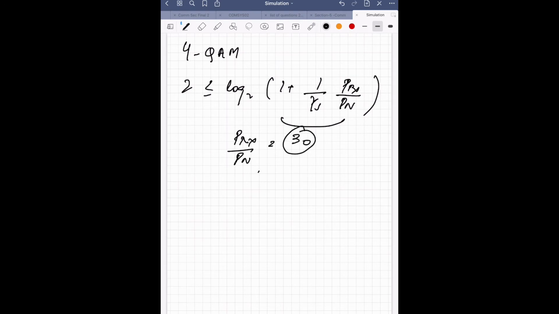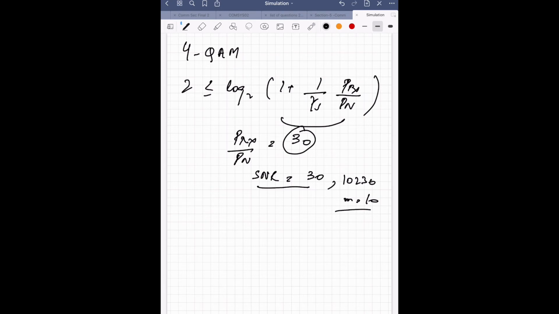So the signal to noise ratio at the receiver should be equal to 30 in order to work with the 4 QAM constellation. Now, these values of SNR, 30 or 10230 when M is equal to 10, are they achievable? Can this be realized in practice?